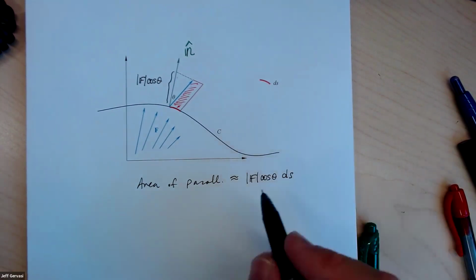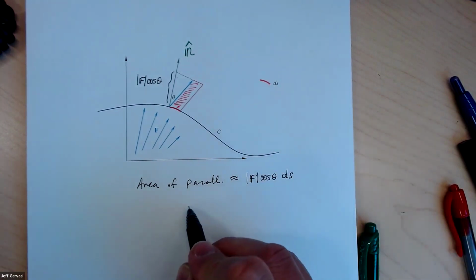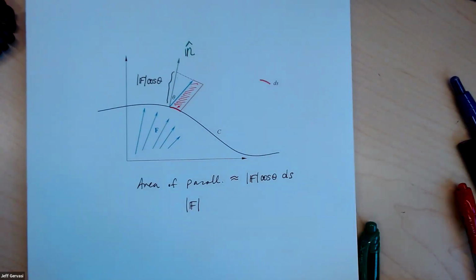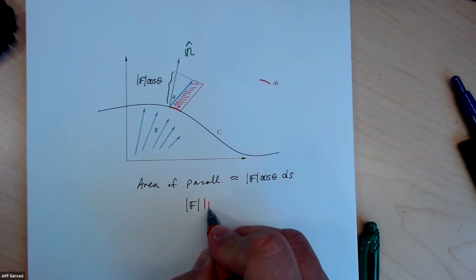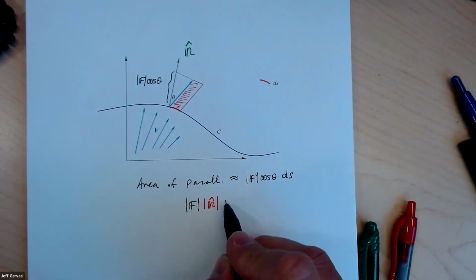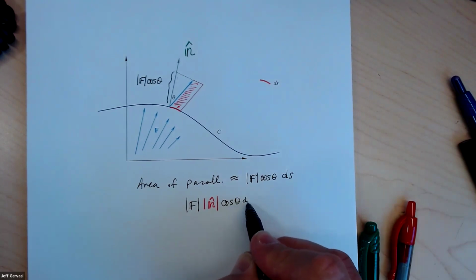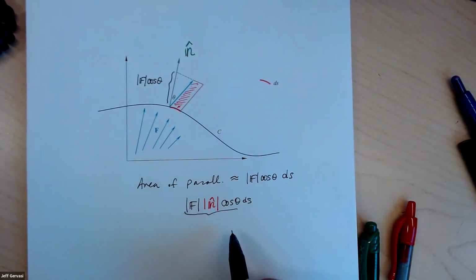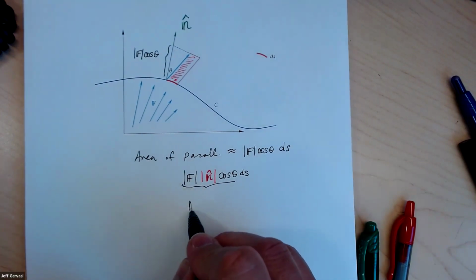Then what we did was we multiplied that expression by a clever expression of 1, the length of the unit vector. And of course, by the definition of dot product, I can replace those three factors with this.